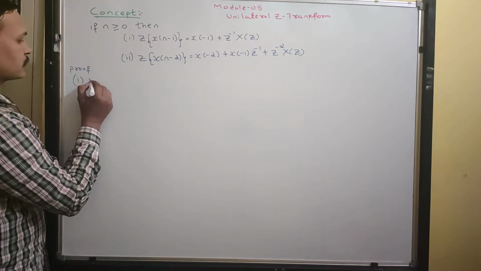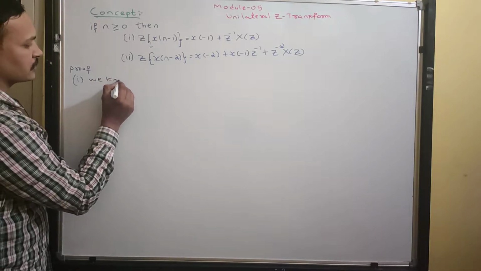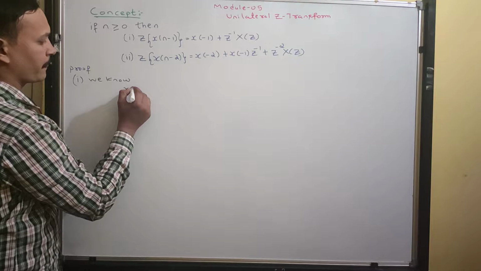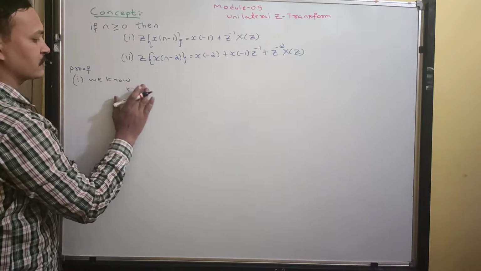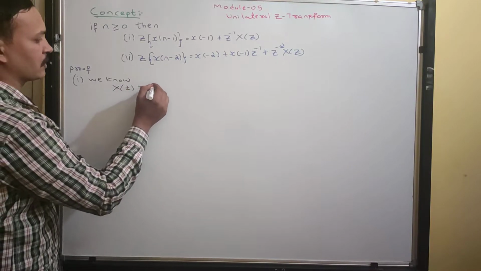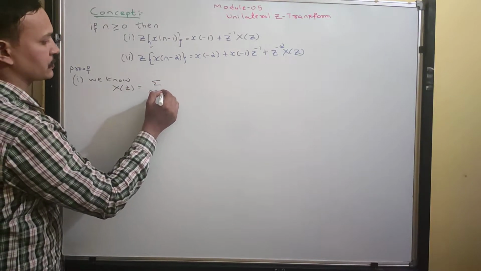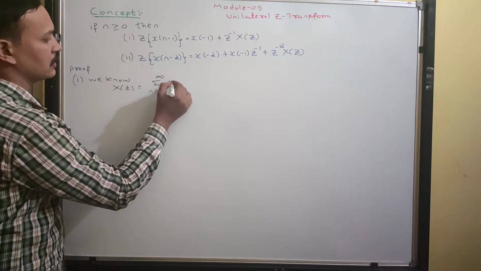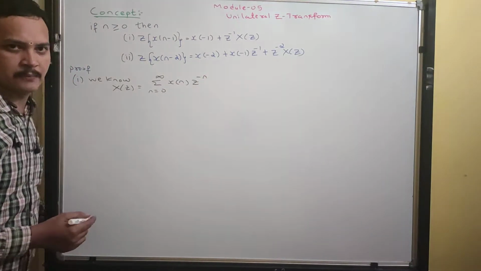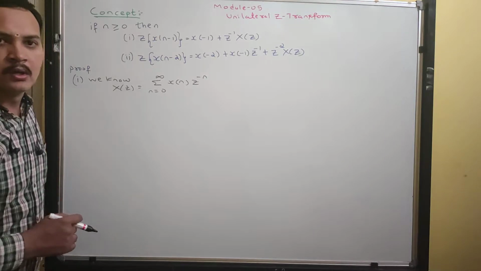So we know that for x of n, the Z transform X of z, what is the formula? Summation n equals 0 to infinity x of n into z power minus n. It is the Z transform formula.